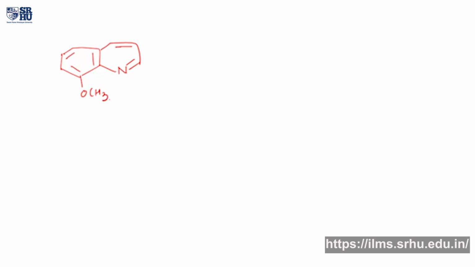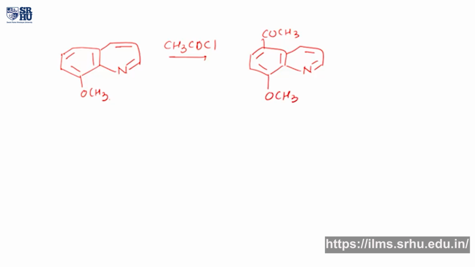Let's say we have a methoxy group, an electron donating group, at the 8th position, and we want to attach a CH3CO group. This CH3CO group will be attached at the 5th position. Otherwise, if there were no OCH3 group at the 8th position, it would not prefer acylation or alkylation.